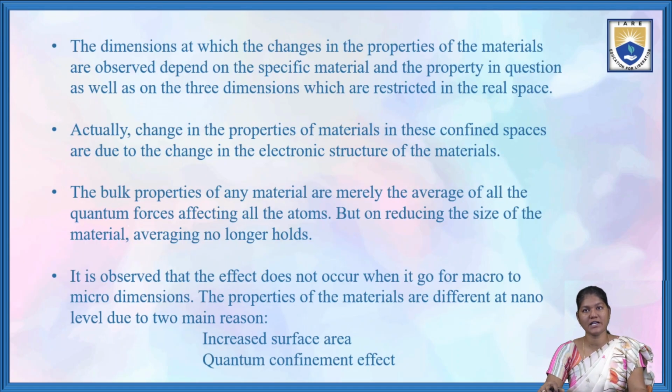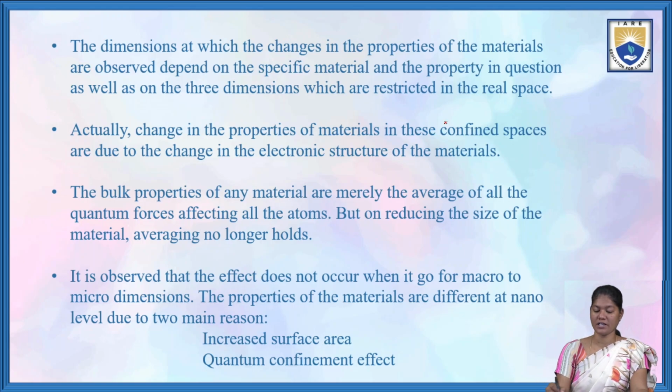The dimensions at which the changes in properties are observed depend upon the specific material and the property in question, as well as on the three dimensions which are restricted in real space. Actually, the change in the properties of materials in these confined spaces is due to the change in the electronic structure of the materials.